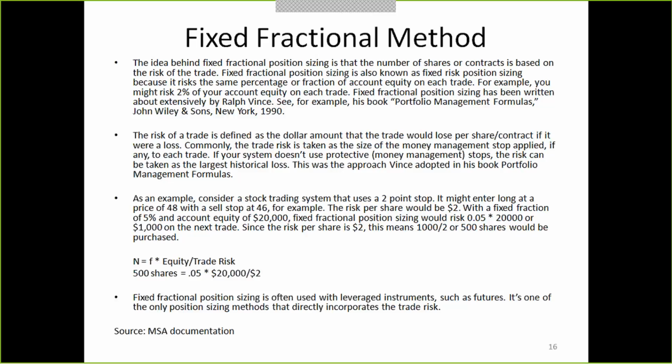But here we're saying your account equity is $20,000. We have a little formula down there: N equals F times equity divided by trade risk.